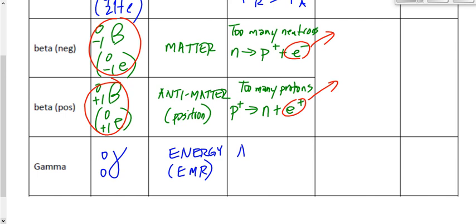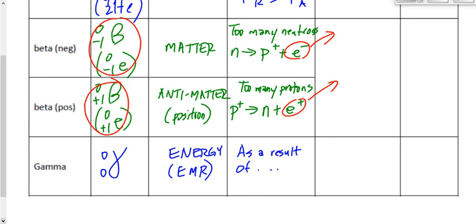They're produced as a result of a number of other processes, including alpha and beta decay. The nucleus is sometimes left in an excited state after something has happened, like alpha or beta decay. But it doesn't want to be there. So as it goes back down to its normal state, it gives off a photon, a gamma ray photon.